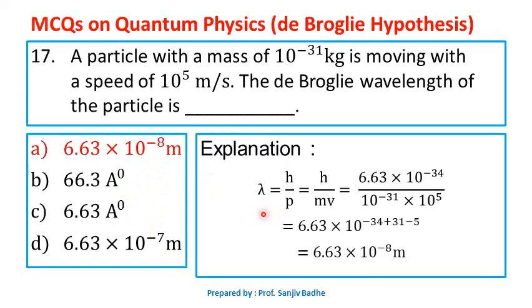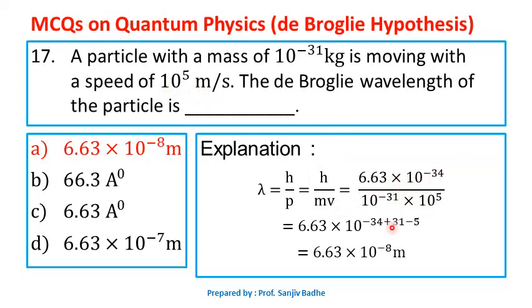So here is a simple solution. Lambda is equal to h upon p according to de Broglie relation. P is equal to mv, the product of mass and velocity. So lambda is equal to h upon mv. The value of h is 6.63 into 10 raised to minus 34 joule second. Mass is given as 10 raised to minus 31 kg and velocity is given as 10 raised to 5 meter per second.